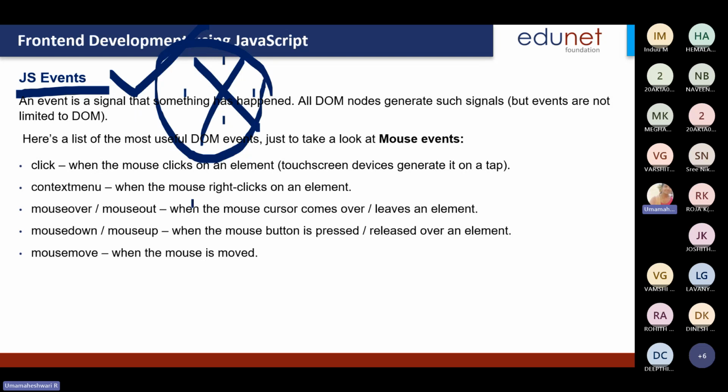Okay, so now we can understand what these are. An event is a signal that something has happened. All DOM nodes generate such signals, but events are not limited to the DOM. Let's say events are not only for mouse or keyboard, but also for forms, or for drag and drop, or to copy the content.